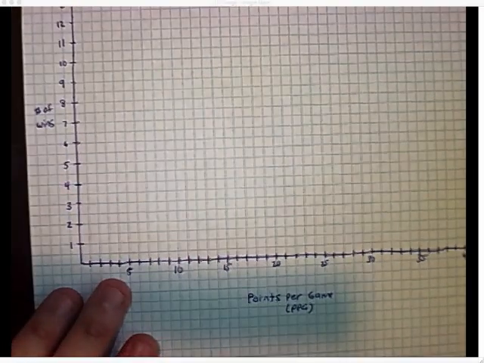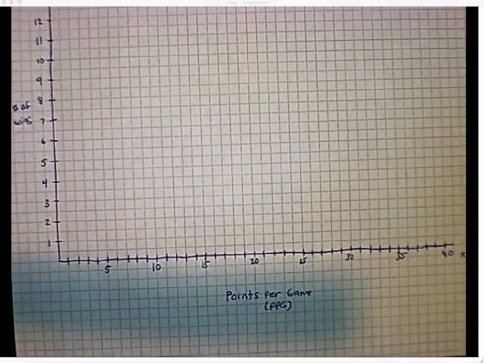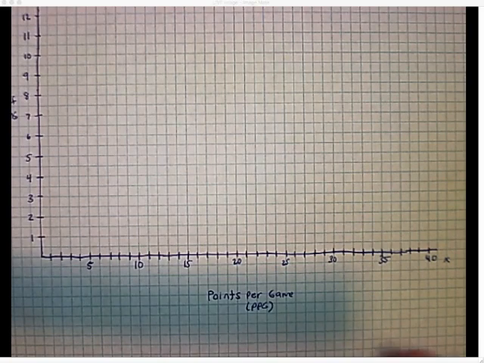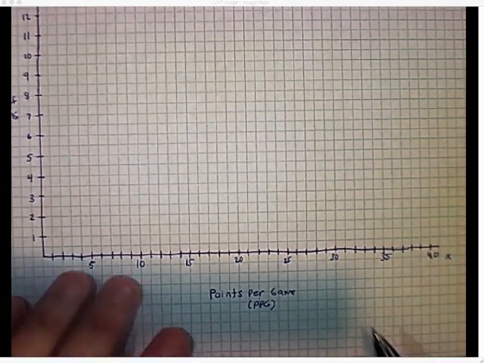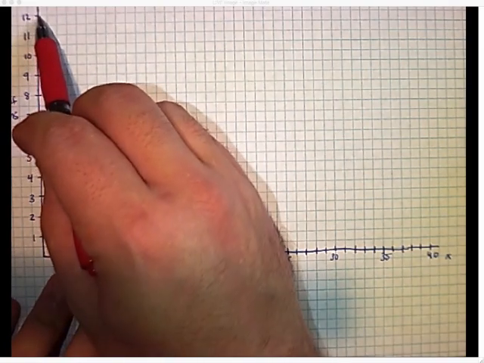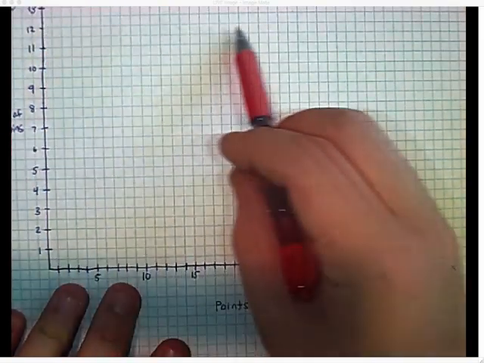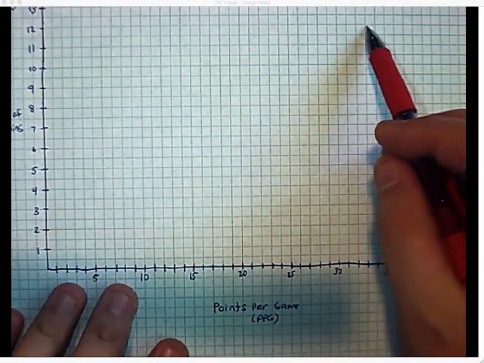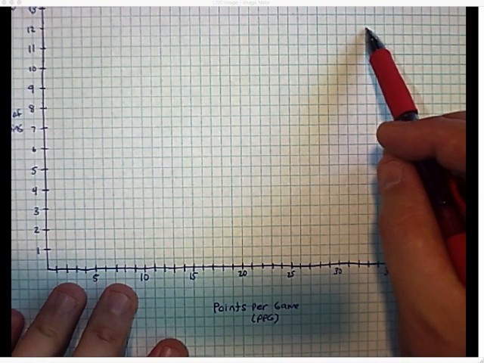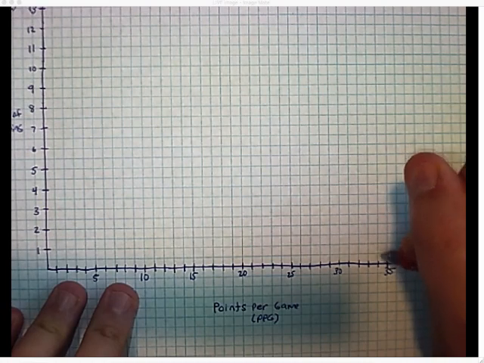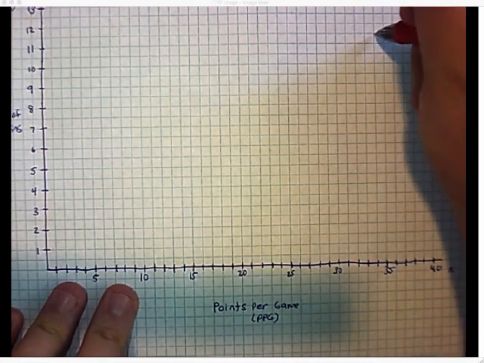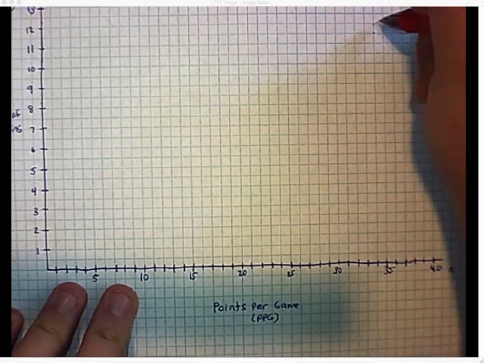Let's go through these one by one. Alabama scored 34.8 points per game, and they had 12 wins. So go over from 12 wins till we get to about 34.8 points per game. Here's 34, there's 12, and 34.8 would be about right there.